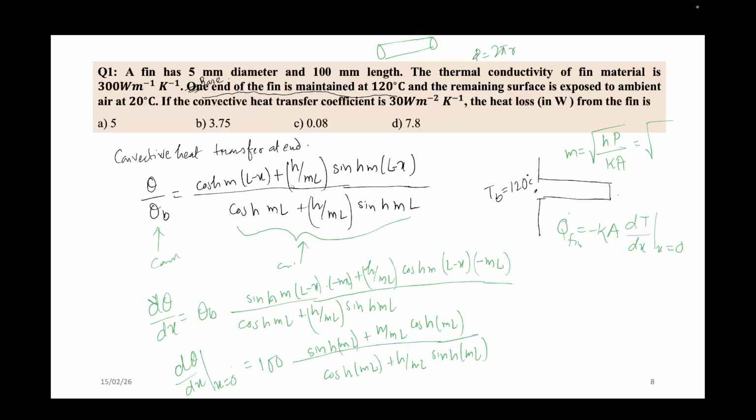Diameter is given, so I write it in terms of diameter. That would be better, pi d. What is area? Pi by 4 d square, not r square. So P by A should be 4 by d.